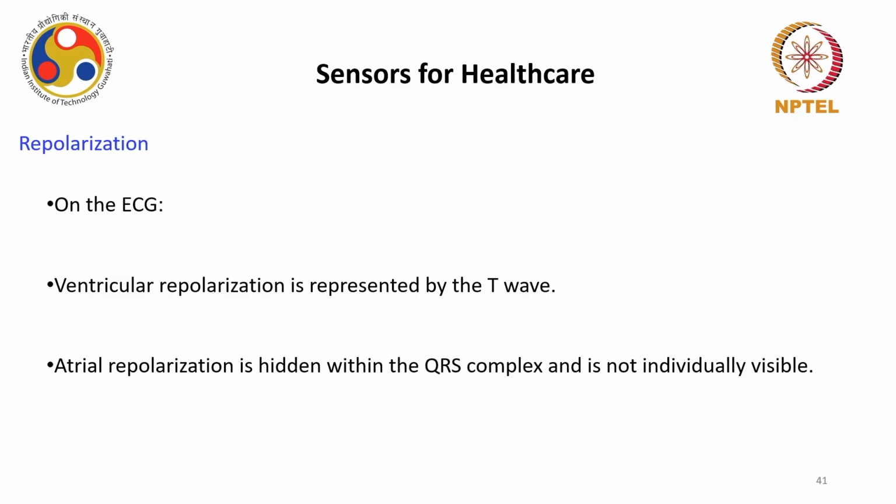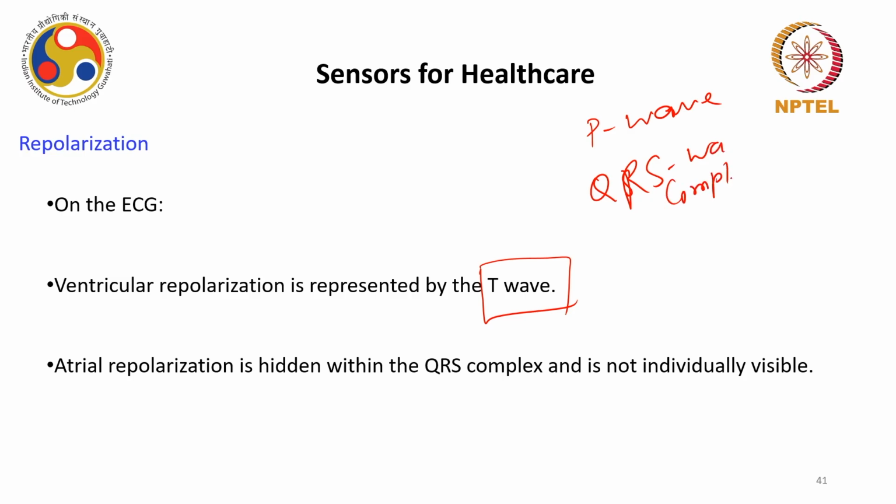Then we have repolarization. So on the ECG data, the ventricular repolarization is represented by the T wave. So two waves we have seen, a P wave, a QRS complex wave, and then the third type of wave is the T wave.